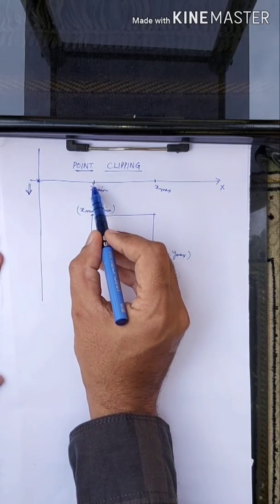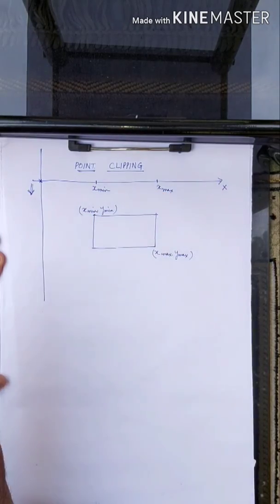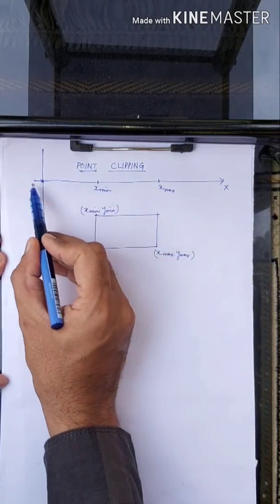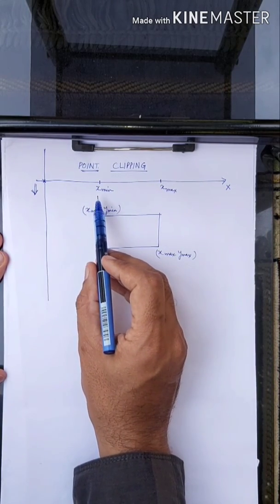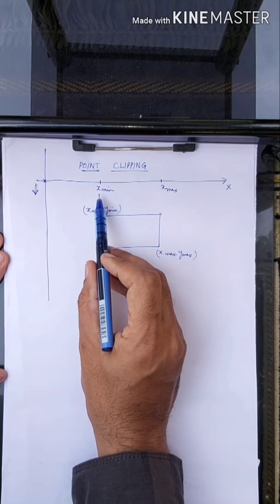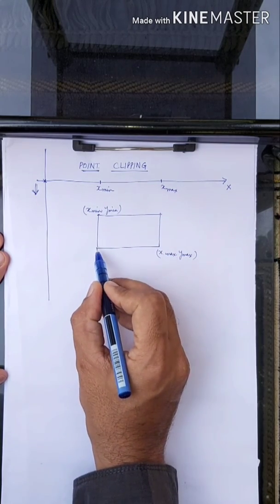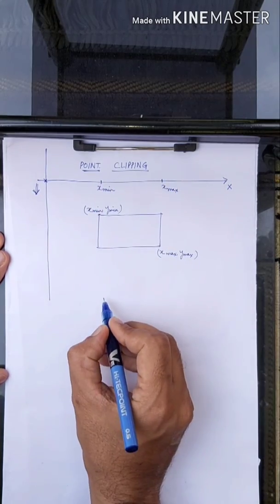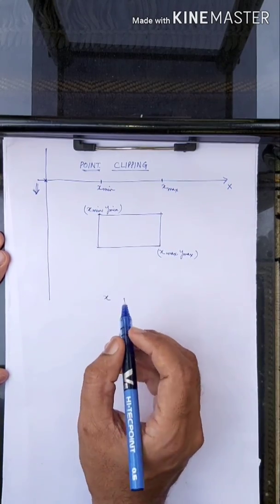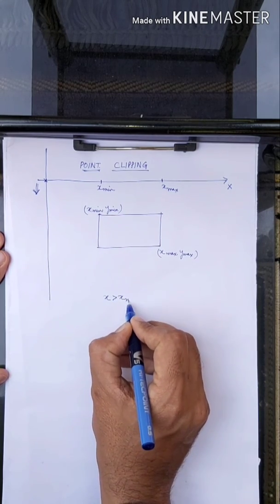Any point having its x coordinate lesser than x min will be on the left of this, and having x value greater than x min will be on the right hand side. So for a point to be inside the window, first condition is that x coordinate of that point should be greater than x min.